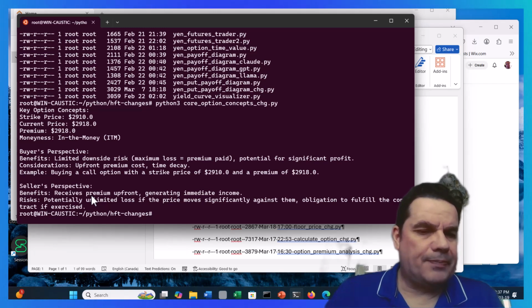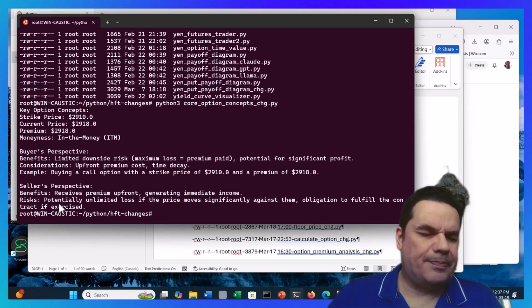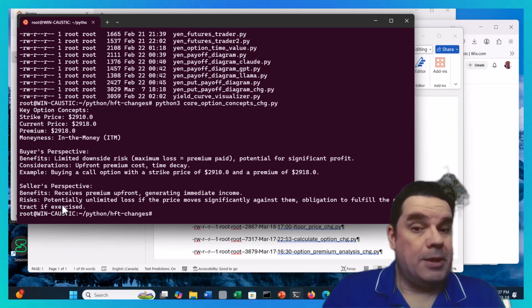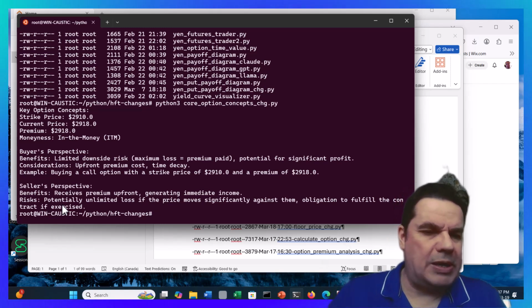The seller gets the premium up front, and that gives them immediate income. If you know how to play this game and you're very confident in your trading, you could just sell options. There are a lot of people who do it and build wealth quite quickly from that.